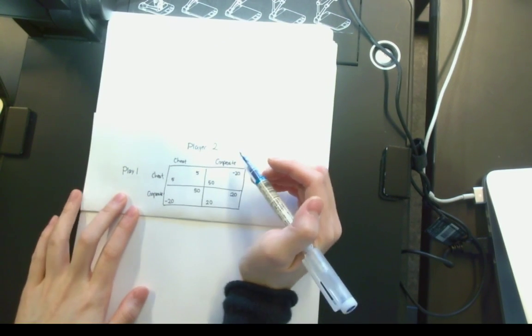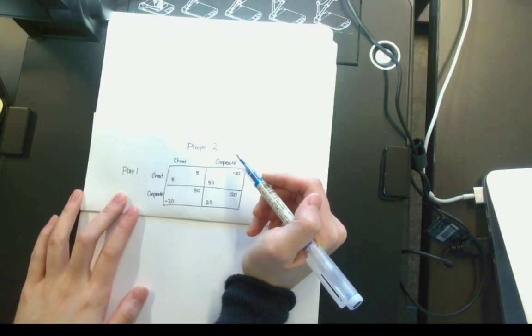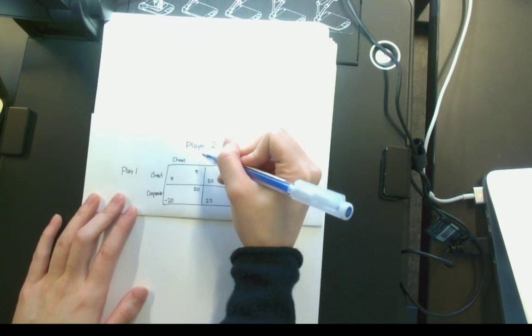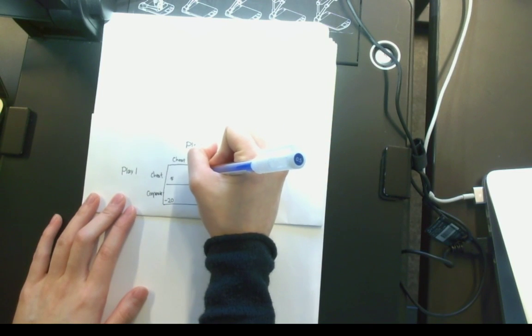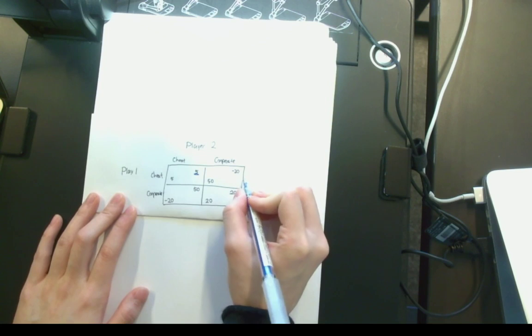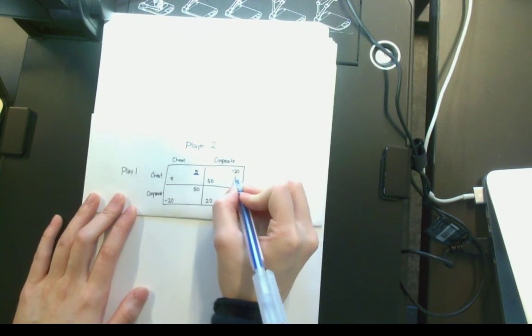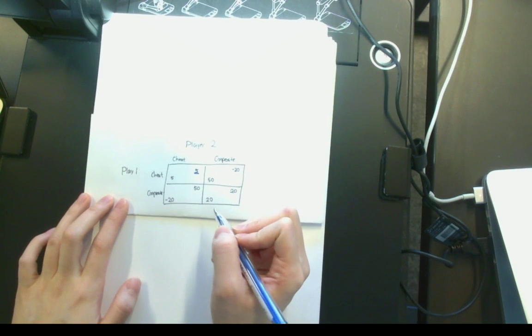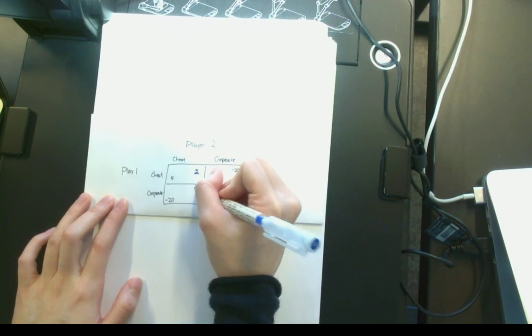If the game is only played once and simultaneously, if player 1 cheats, then it is player 2's best response to cheat, because it gives a payoff of 5, which is larger than if player 2 cooperates. And if player 1 cooperates, player 2 would still cheat.